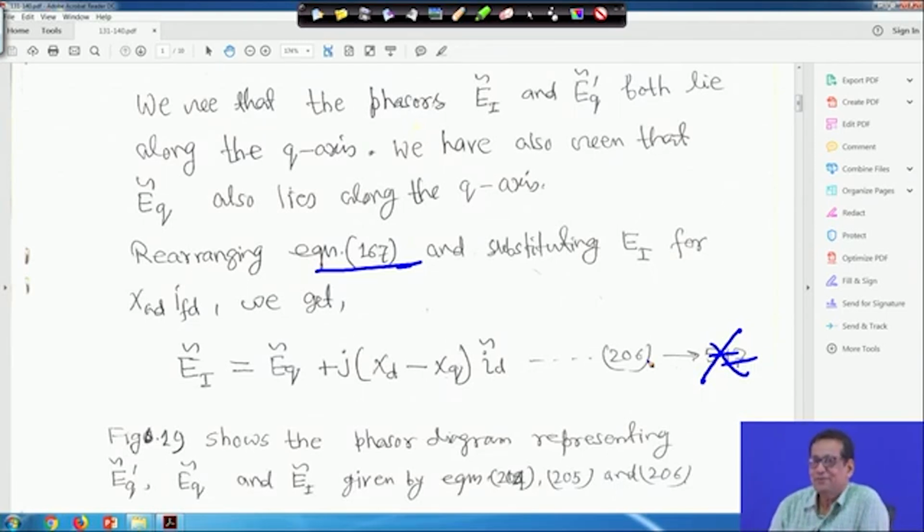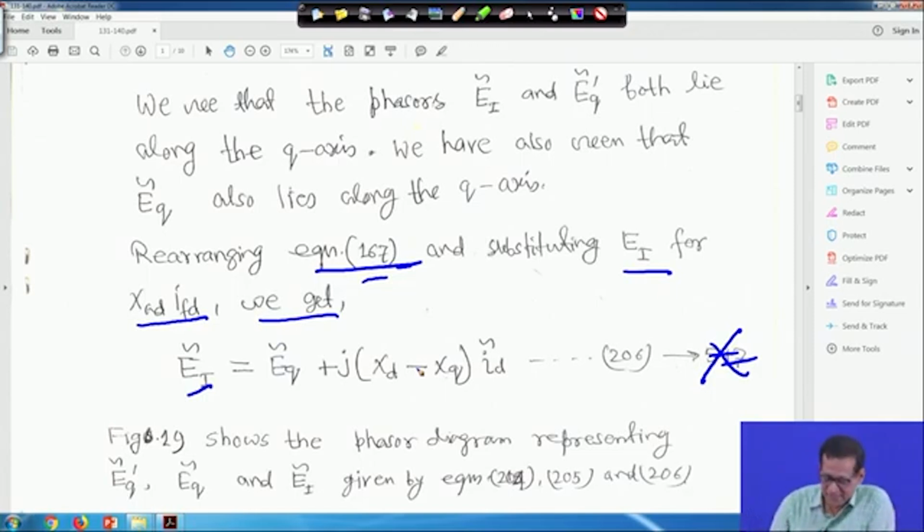Everything will be uploaded. So, at that time see equation 167, and substituting E_I for x_ad I_fd, you will get E_I tilde is equal to E_q tilde plus j (x_d minus x_q) I_d tilde. This is a very simple thing. If by chance you get stuck somewhere, you just put a question to the forum, and answers will be given there. There will be no problem.